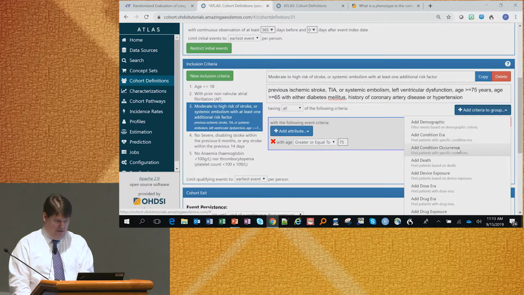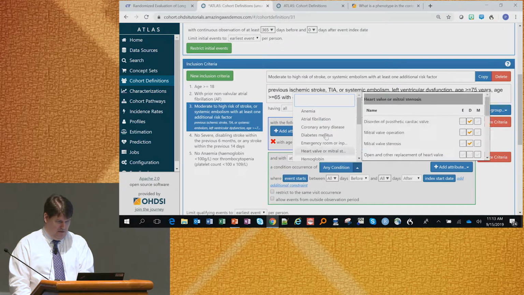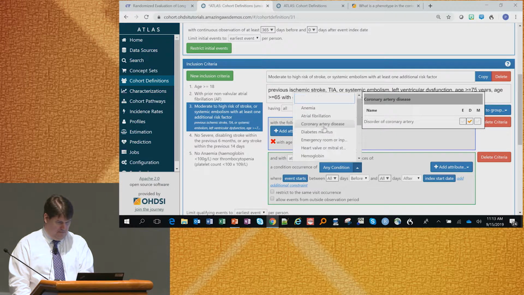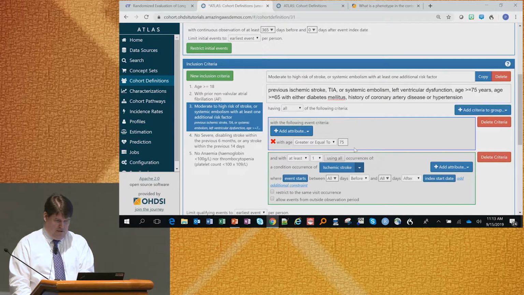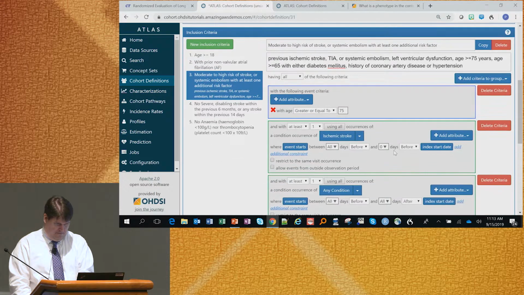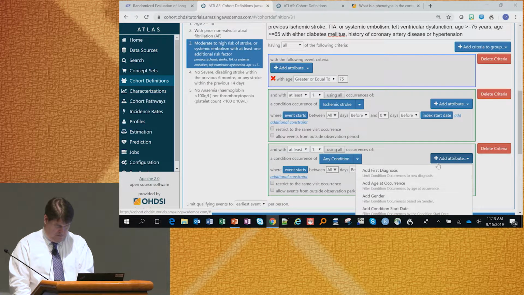That's a condition. Okay, and again we're saying all these before and up to the day of the exposure. Okay, so that's that element right there. Systemic embolism. Oh, sorry.